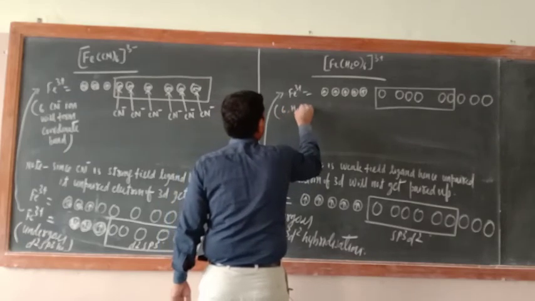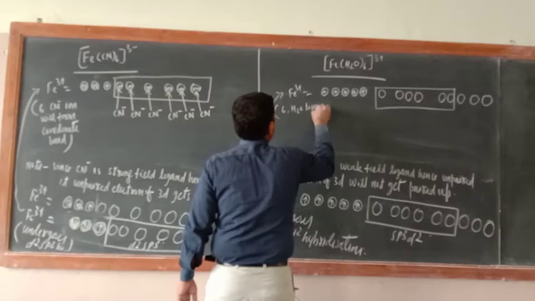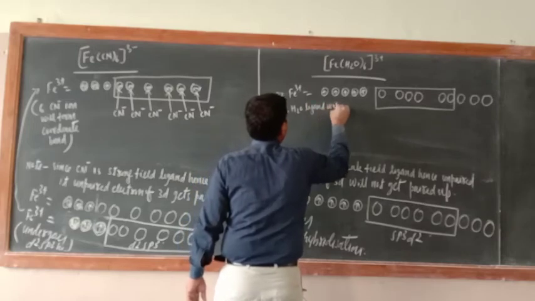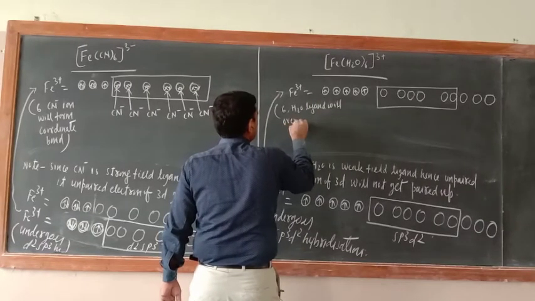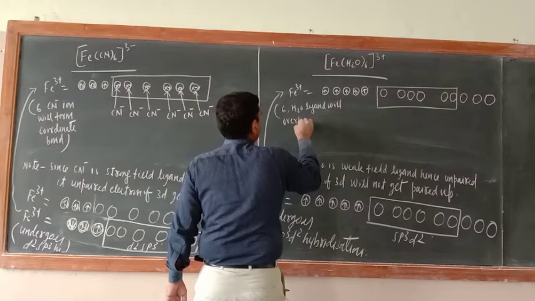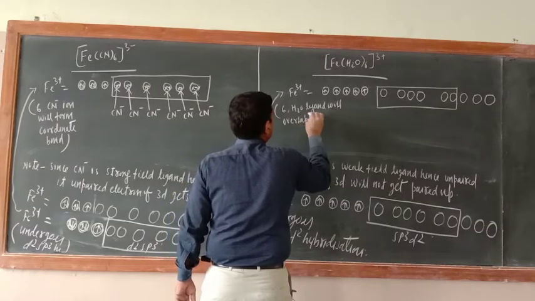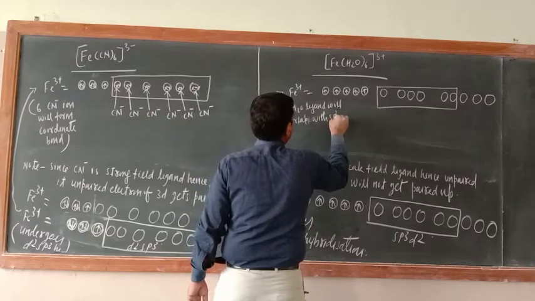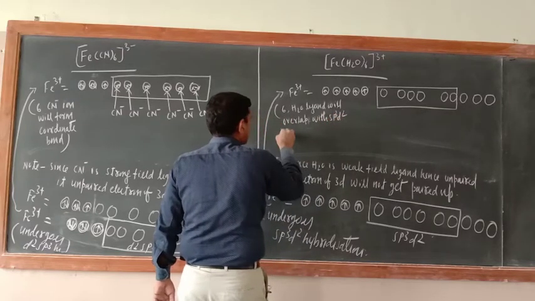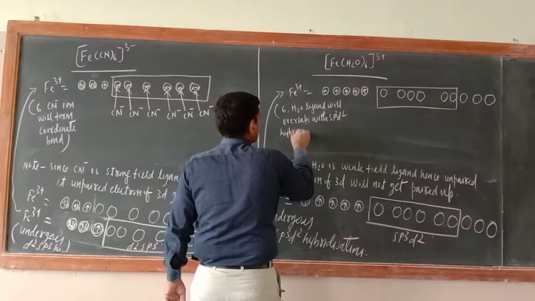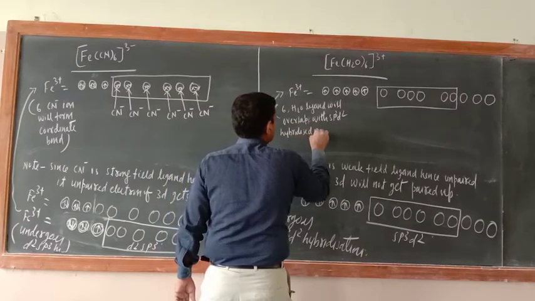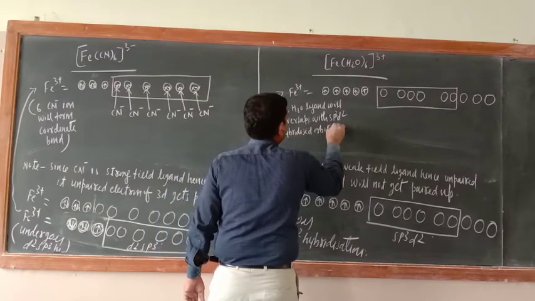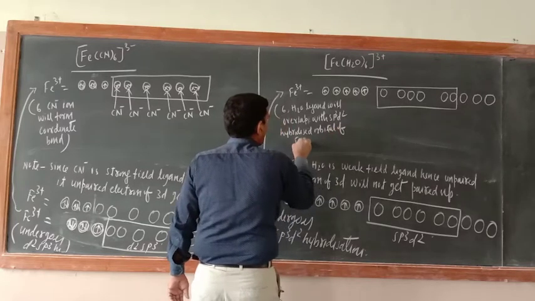6 H2O ligands will overlap with sp3d2 hybridized orbitals of iron.